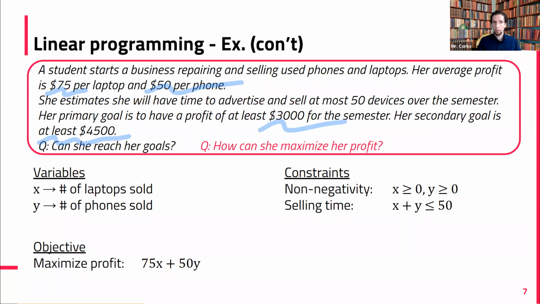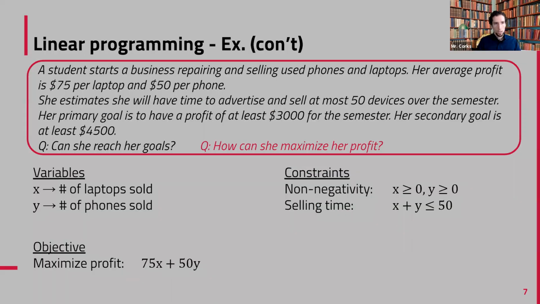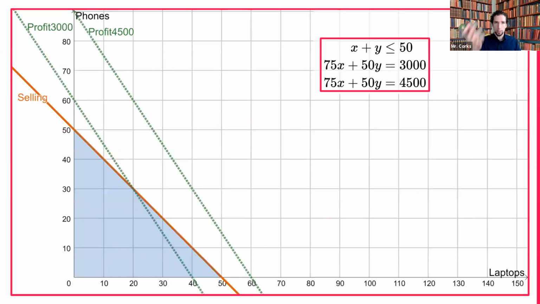Not just, can they reach this one? Can they reach that one? Rather than testing individual possible profits, we want to say overall, what's the maximum profit? So we turned the situation into this graph, and we talked about a bunch of things here.